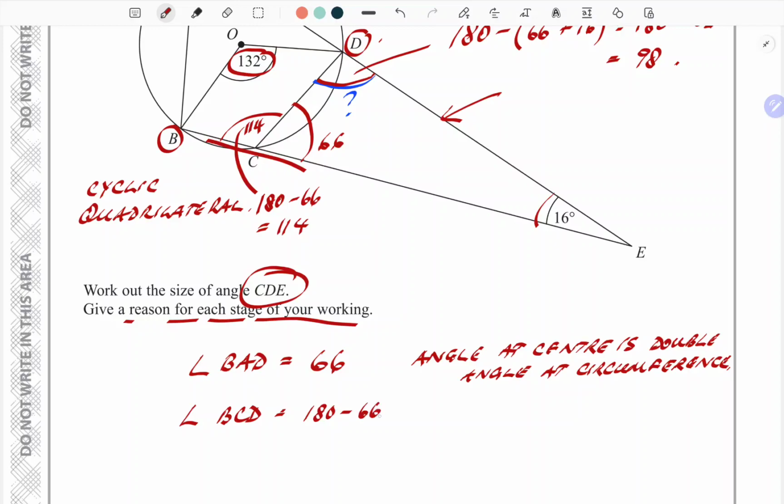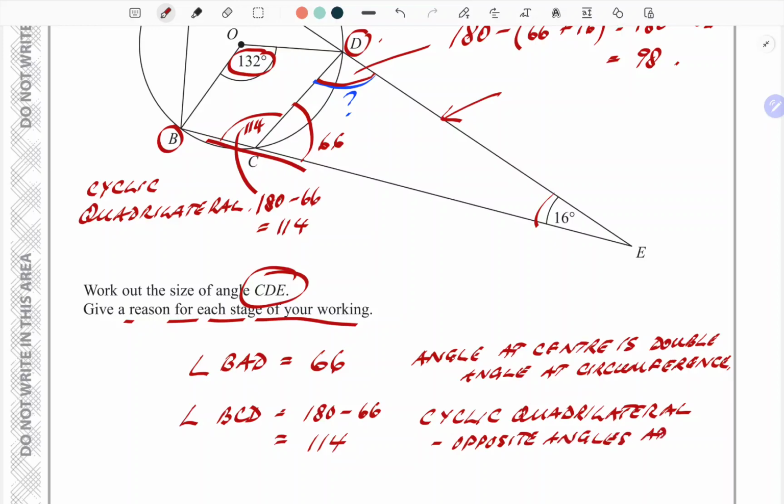180 minus 66 equals 114, and the reason for that is cyclic quadrilateral: opposite angles add up to 180.